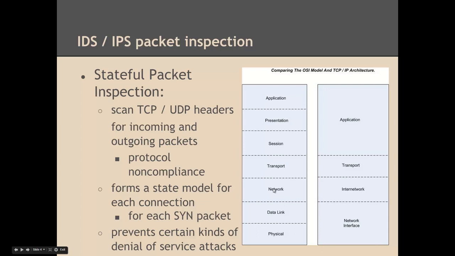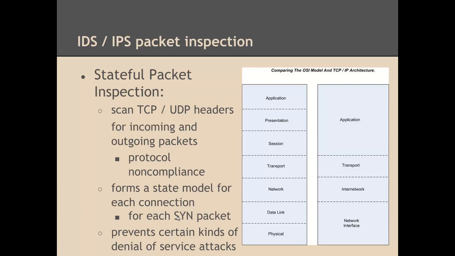For TCP, since the flows go each way and there's a handshake. For UDP, the flow is really just one way. For TCP, the stateful packet inspection begins on each SYN packet. Now, keeping track of each session takes memory, and so there's an overhead for tracking each session.